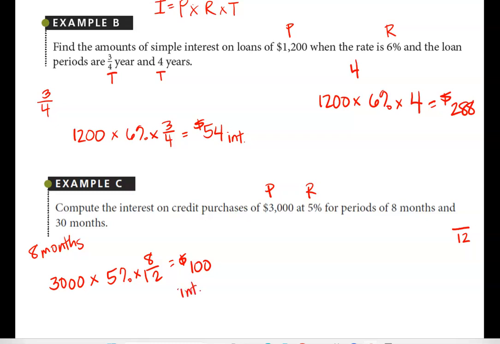If we had a period of 30 months, again, I'm taking my principal amount times 5% times 30 over 12. So it's totally fine that this is an improper fraction. Let me take out my calculator for this.